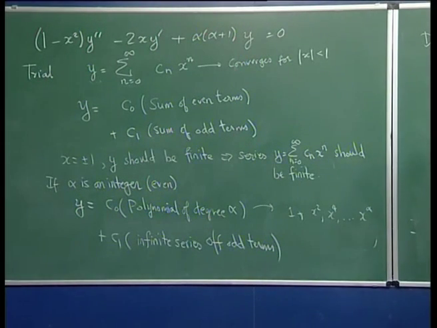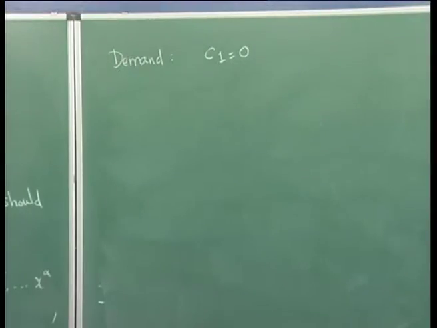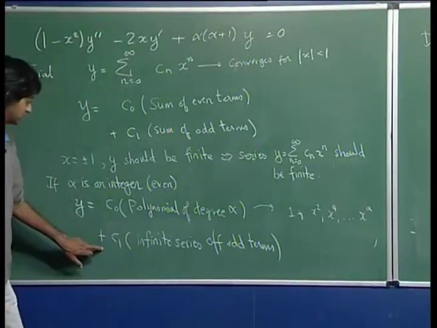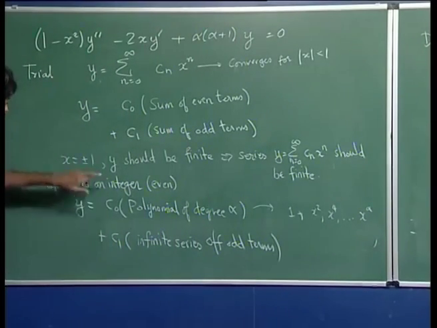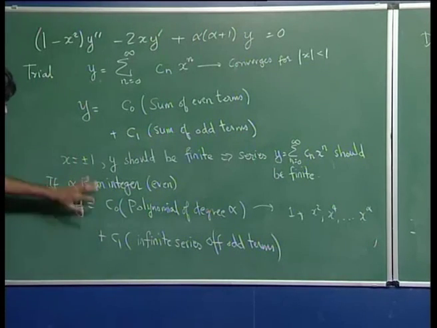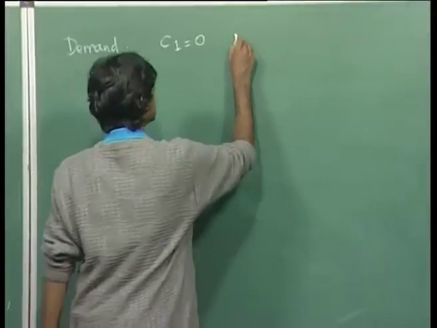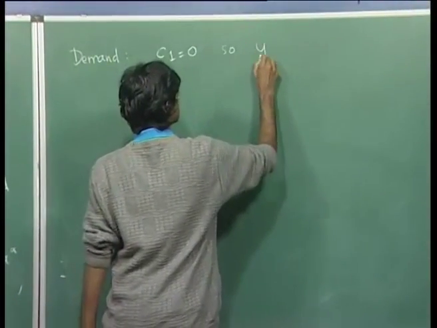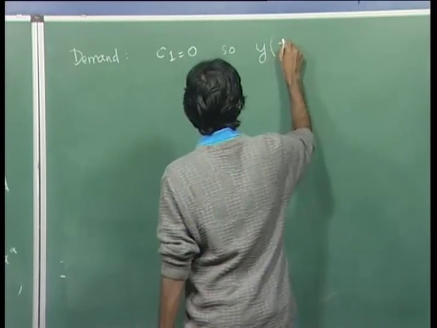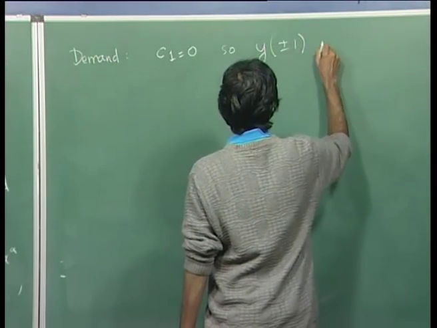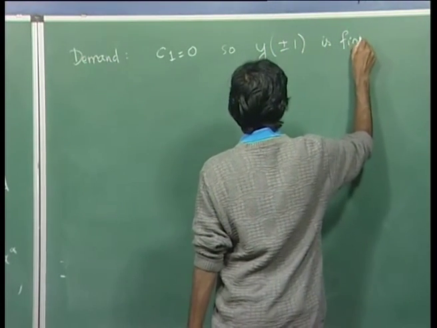What we will demand is that C1 equal to 0. So we choose C1 equal to 0, and that will ensure that y is finite at the boundaries, so y of plus minus 1 is finite.